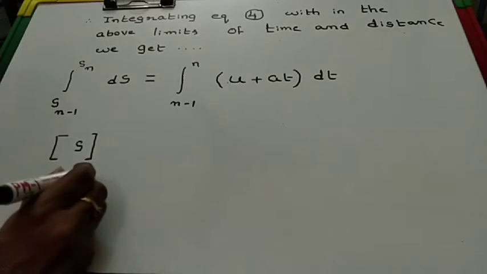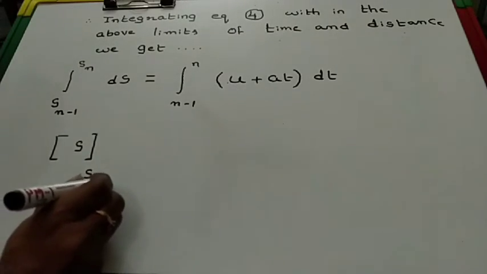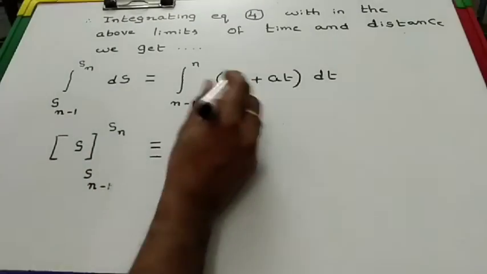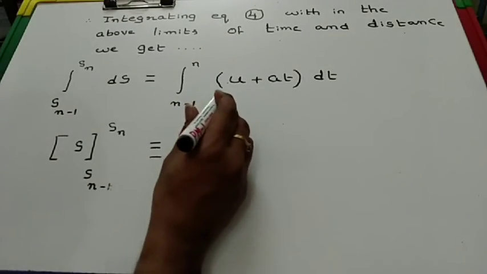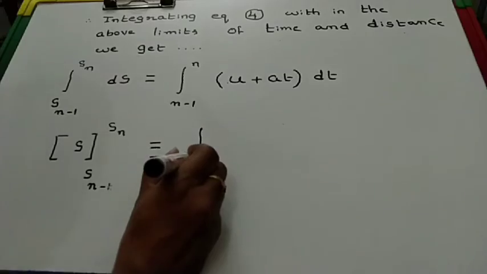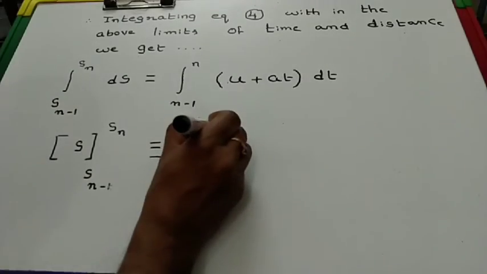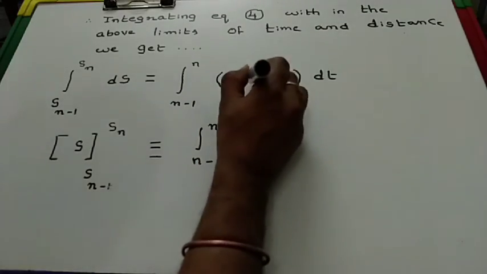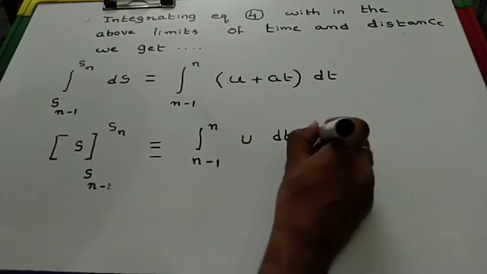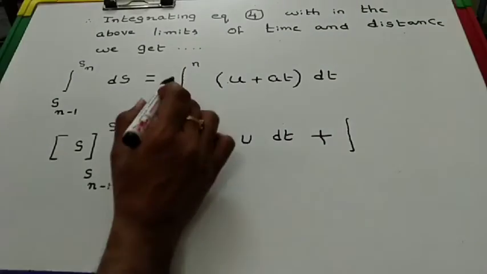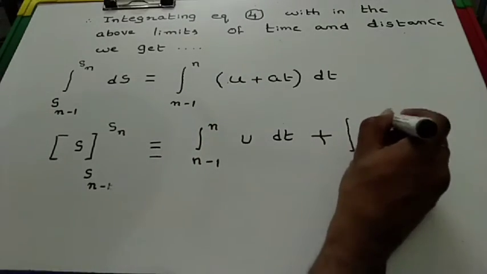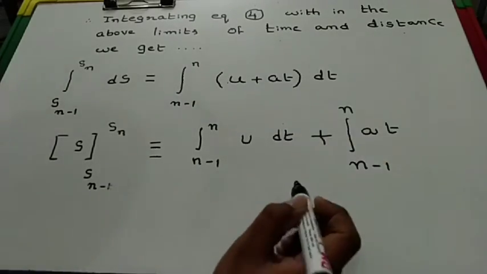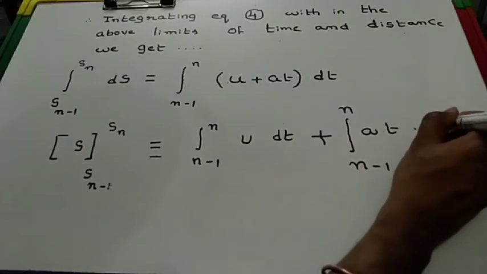The limits are Sn minus 1 and Sn, that is equal to integral n minus 1 to n of u into dt plus integral of at, limits n minus 1 to n, into dt.